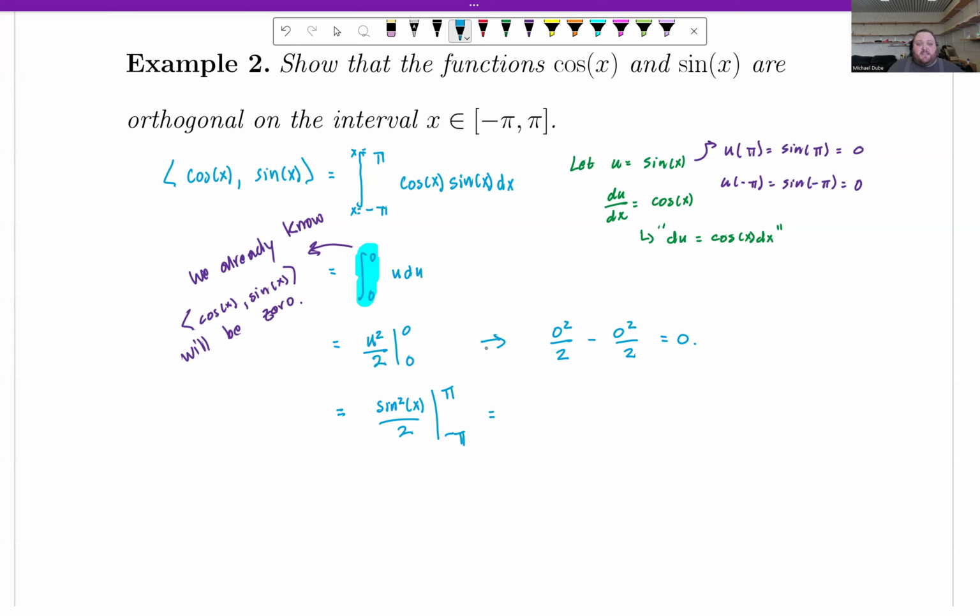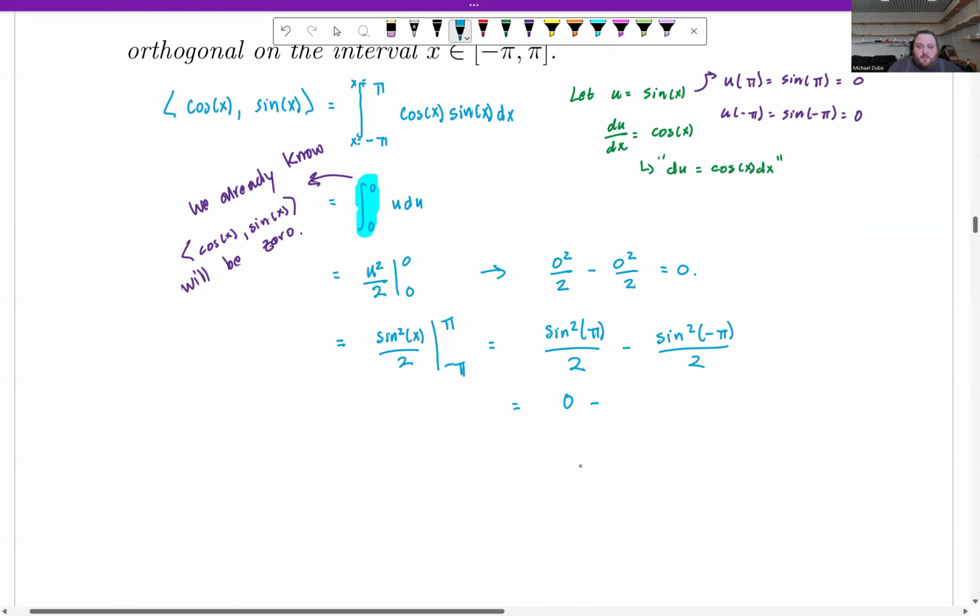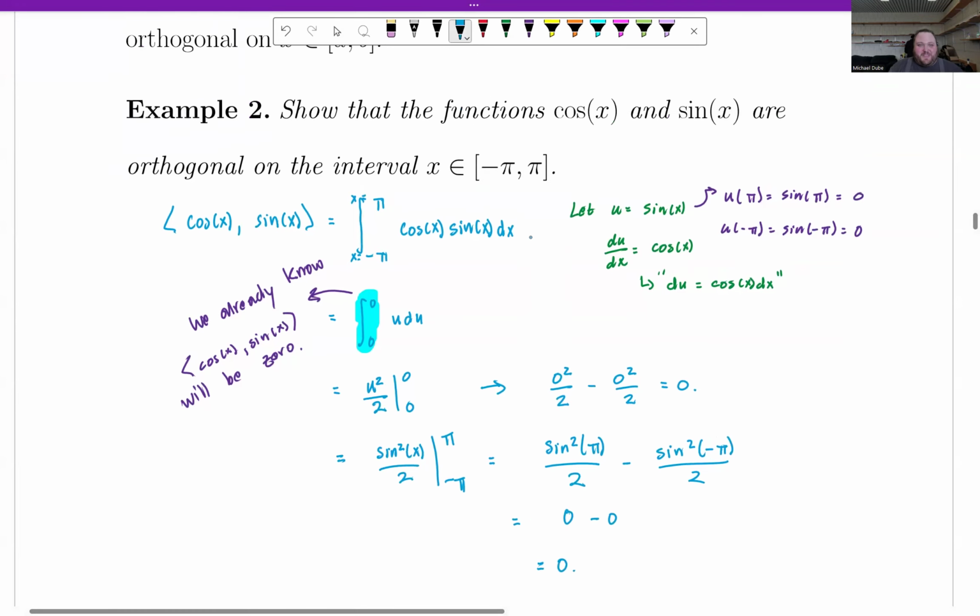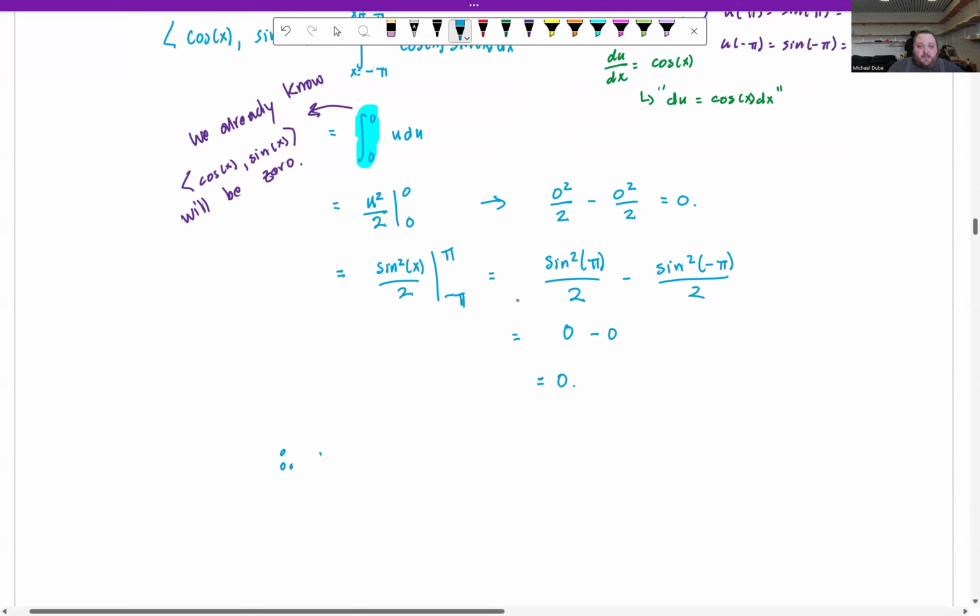And once again, top minus bottom would be sine squared pi by 2 minus sine squared negative pi by 2, which of course, sine of pi is 0 minus 0 equals 0. Okay? So there's 3 different ways that we can prove that this is 0, and I've shown them all here. Okay? And so therefore, cosine and sine are orthogonal on the interval negative pi to pi.